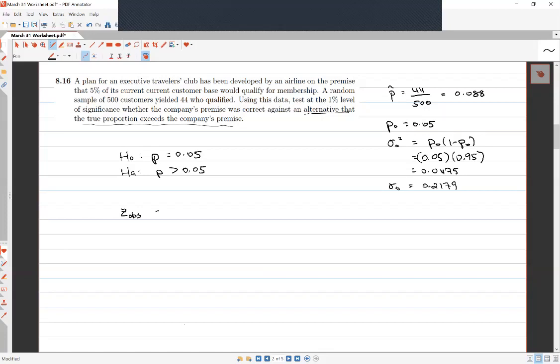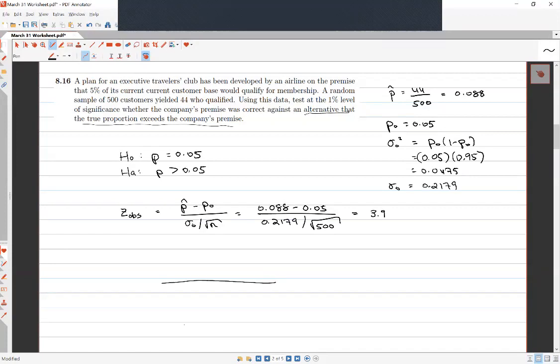The Z observed is still calculated in the same way. Just plug in these numbers that we've calculated. And if you go and evaluate Z observed, it's pretty darn close to 3.9.